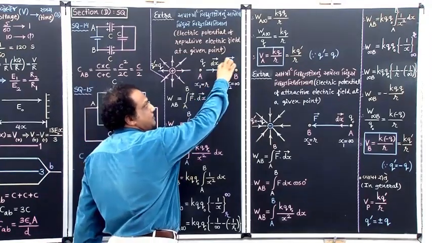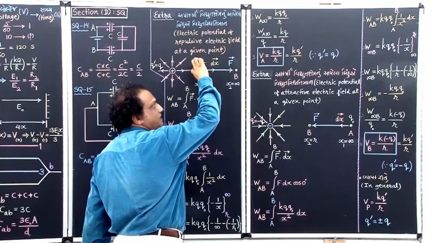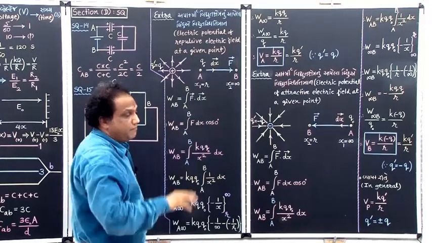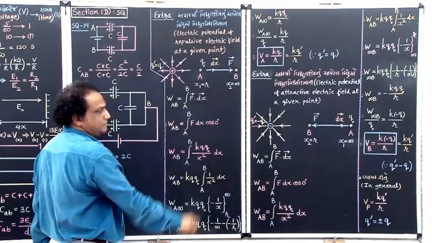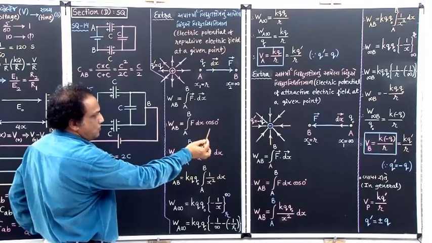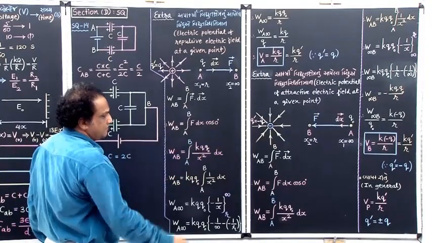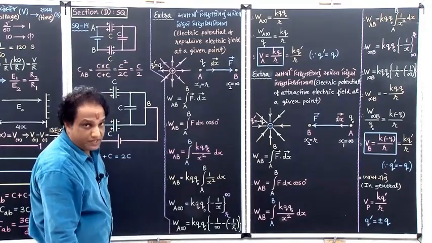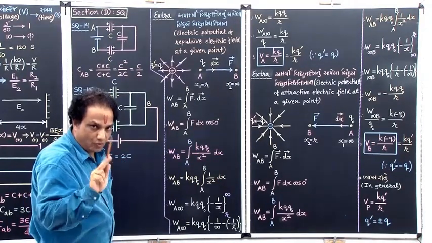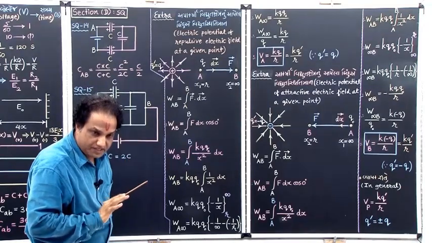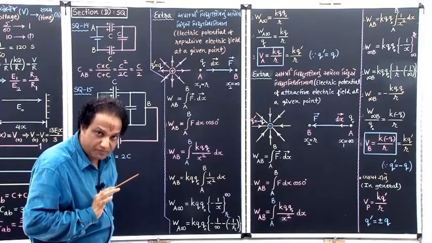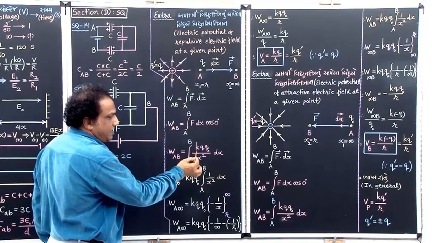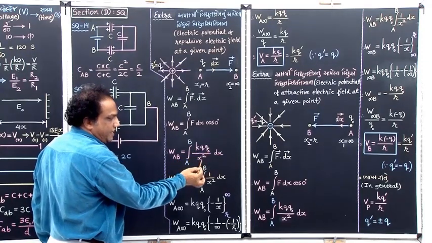Because these two vectors are pointing in the same direction, the angle between them must be 0 degrees. Now cos 0 degrees is 1, and dx stays as it is. F is the magnitude of the Coulombian force, k into the product of the magnitudes of the two charges divided by the square of the distance between them. It is mathematically k q q0 upon x square.